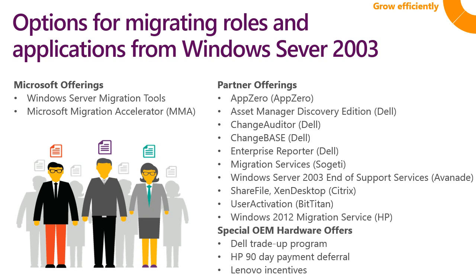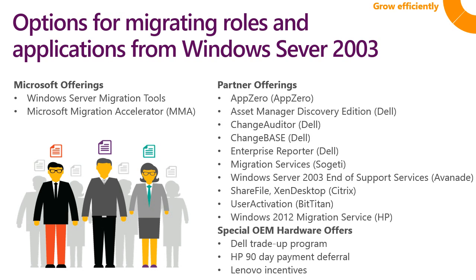So if we take a look in here, for example, we've got tools like BitTitan's user activation if migrating to Office 365 is a big option for you. We've got AppZero, who do work around trying to abstract the software from the operating system to see if you can actually start moving some of those older things forward without relying on older versions of an OS. So you've got different options here from a variety of different vendors, and if any of these are things that you need to investigate, contact the vendors directly.